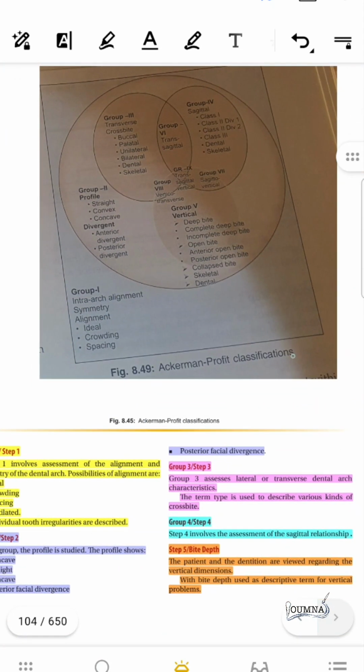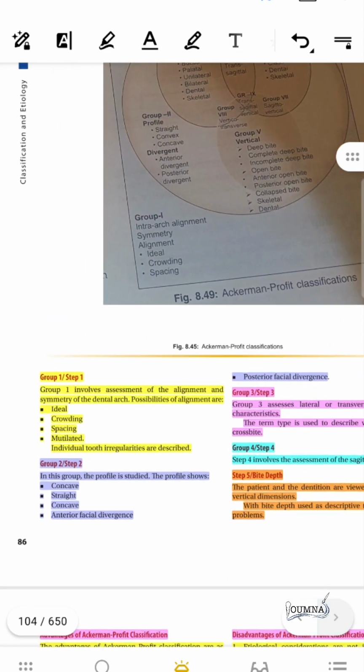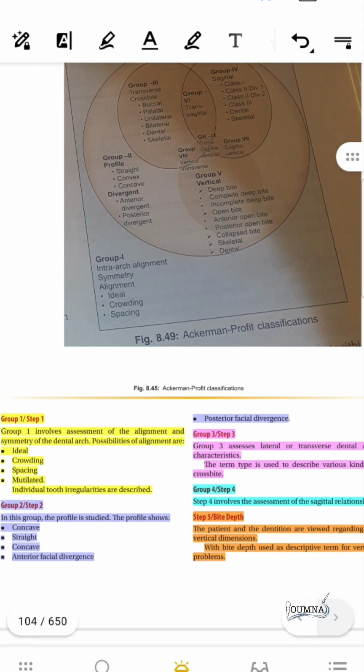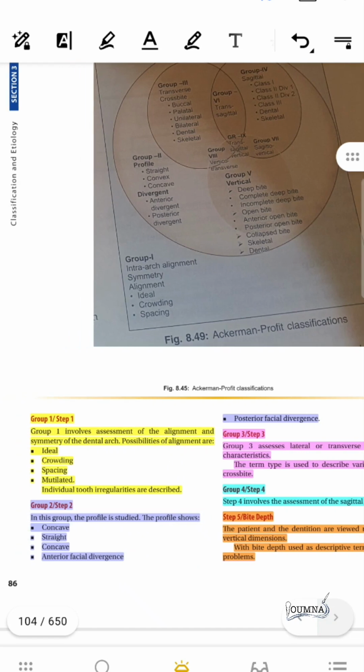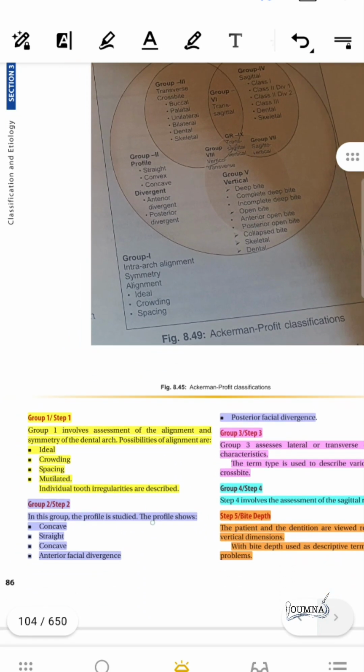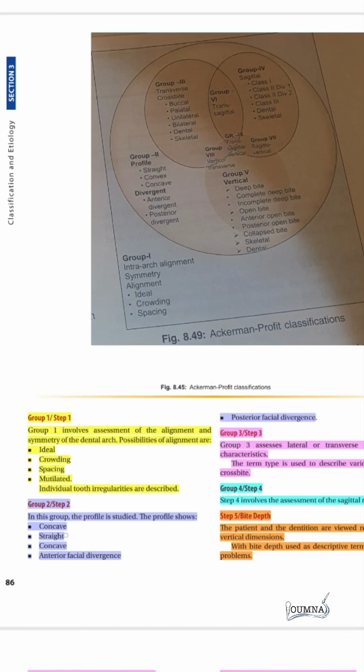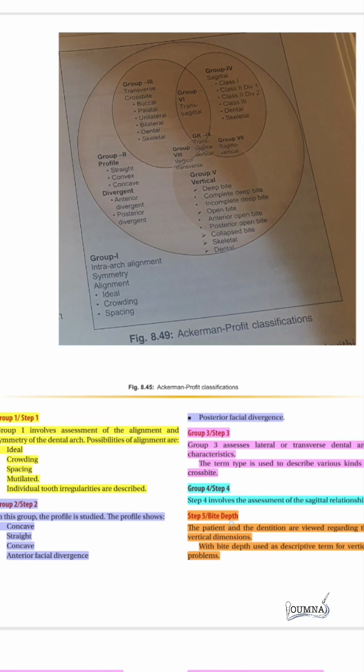In the first group, we assess the alignment and the symmetry of the dental arch, so we can see if there is any crowding or spacing. In group 2, we examine the profile, whether it is concave, straight, or convex.